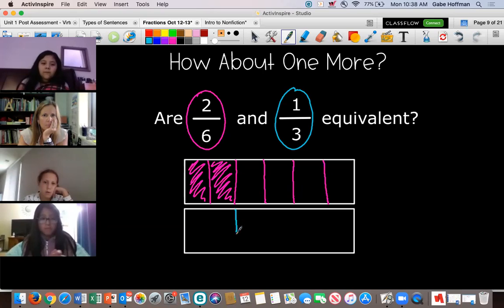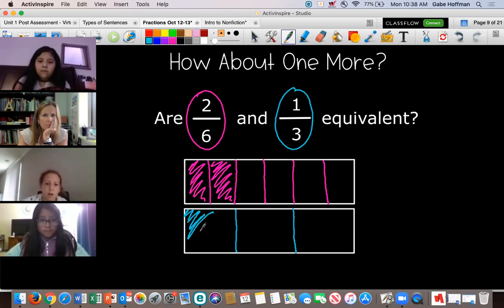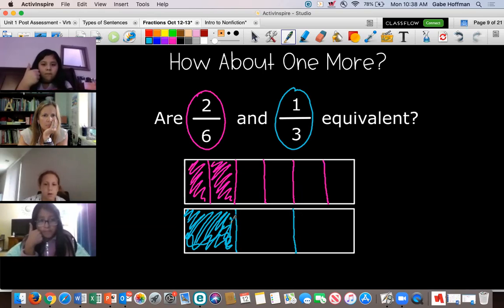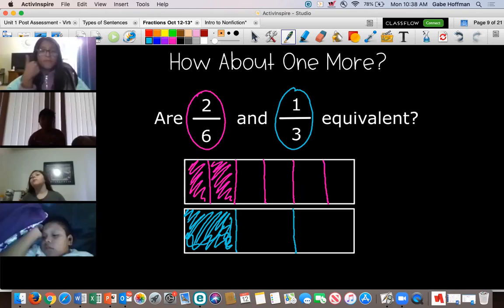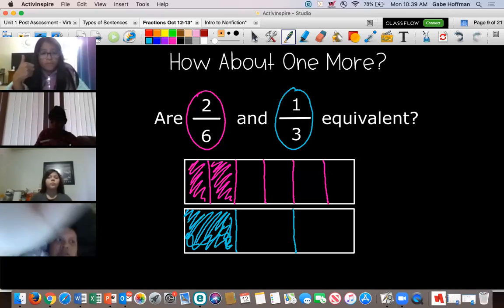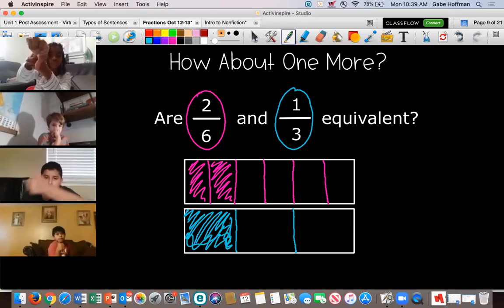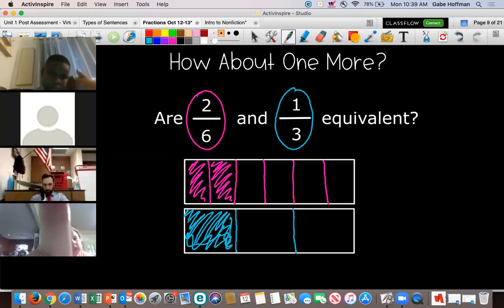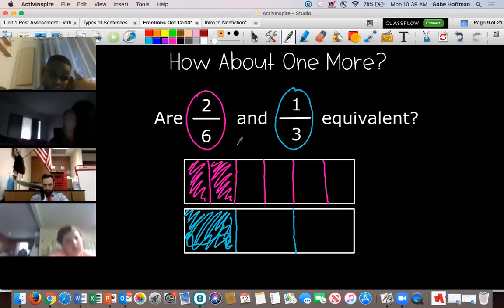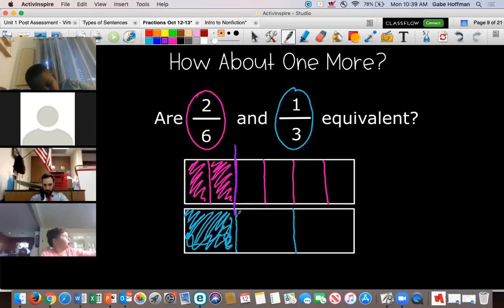And how many am I gonna shade in? 1. Okay, give me a thumbs up if they are equivalent or a thumbs down if they are not. I should see everyone's thumbs. Looks like everyone is saying that they are. You guys are correct. If I was to draw a line at the end of the shaded part, it lines up.